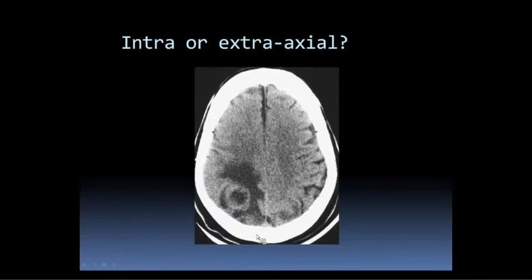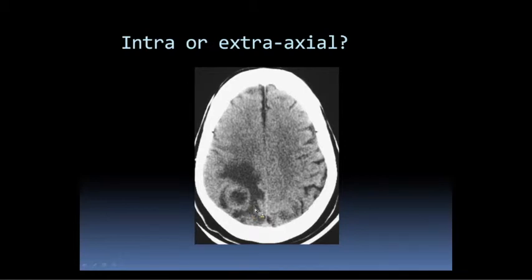Occasionally you can get fooled and something can look intraaxial when it pushes in and invaginates into the brain. But if you look at the gray-white junction here, it's not buckled away from the lesion. It's actually surrounded by the lesion, and the gyri overlying are kind of expanded. And there's a large amount of edema surrounding this round lesion. So even on a non-contrast CT here, we can see the mass itself.